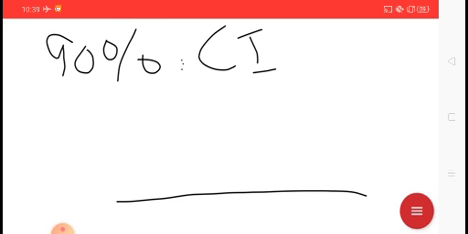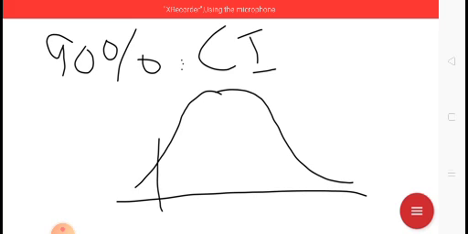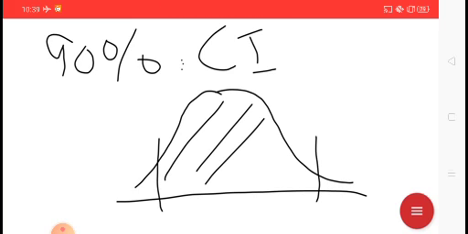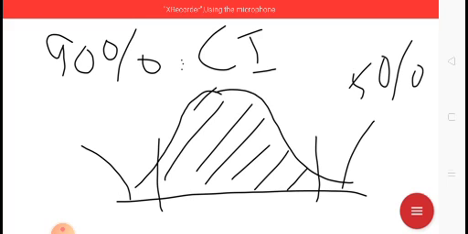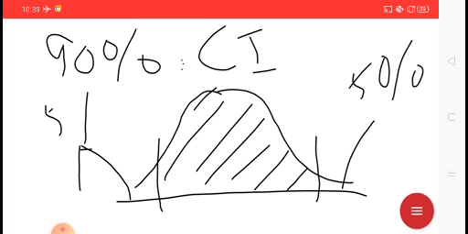Similar thing, you just draw this diagram. If the center is 90%, each side will be 5%, right?